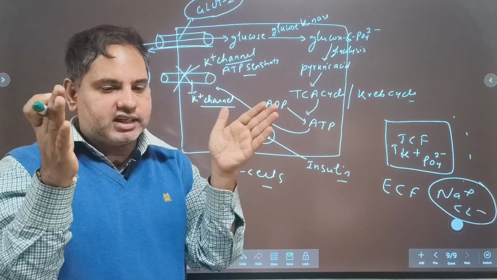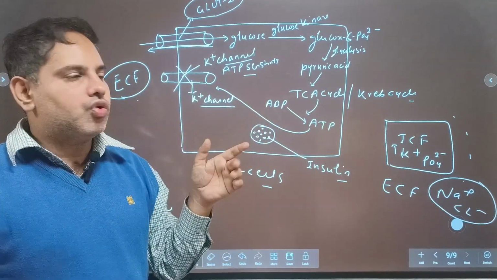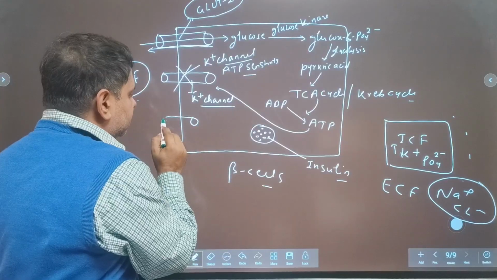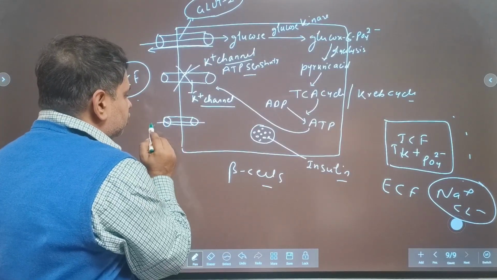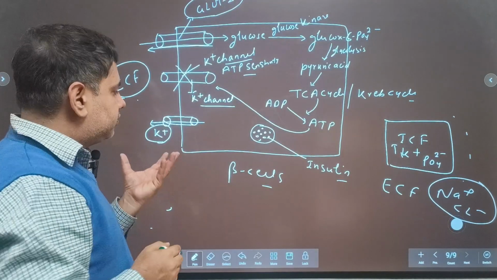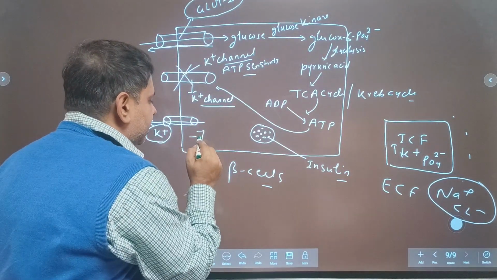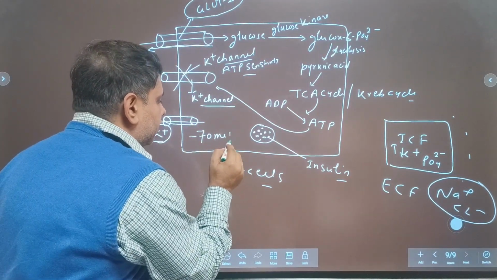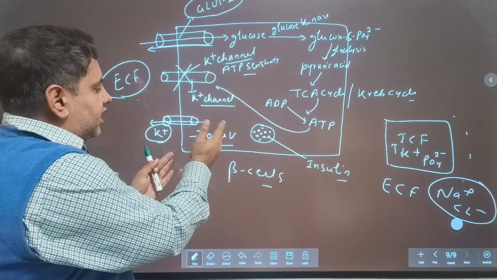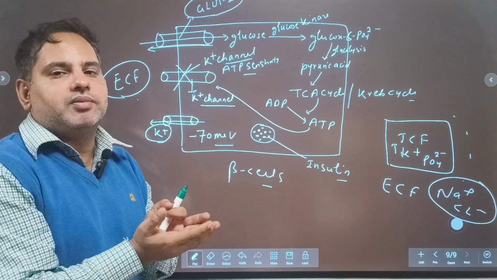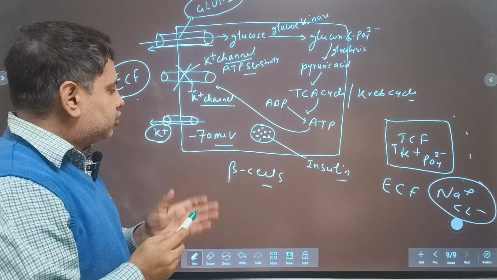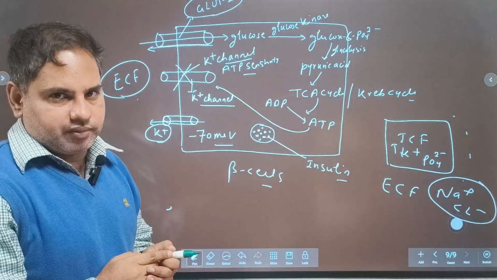So whenever these ion channels are open, potassium is going to move from inside to outside, and it maintains your resting membrane potential, that is your minus 70 millivolt, right? Because positive ions are moving from inside to outside, your membrane potential will be towards the negative side, right? So that will be called the resting membrane potential.